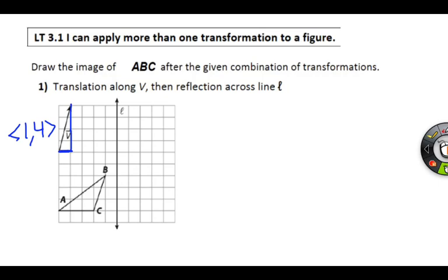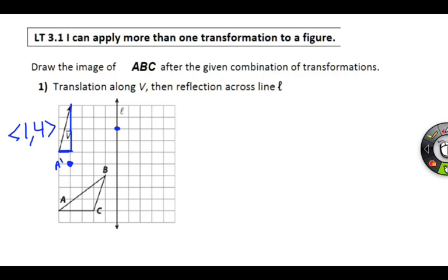So the A coordinate, we're going to move it over 1, and then go up 1, 2, 3, 4. So this would be the new coordinate, A prime. Then we do the same thing with B: over 1 and up 1, 2, 3, 4.